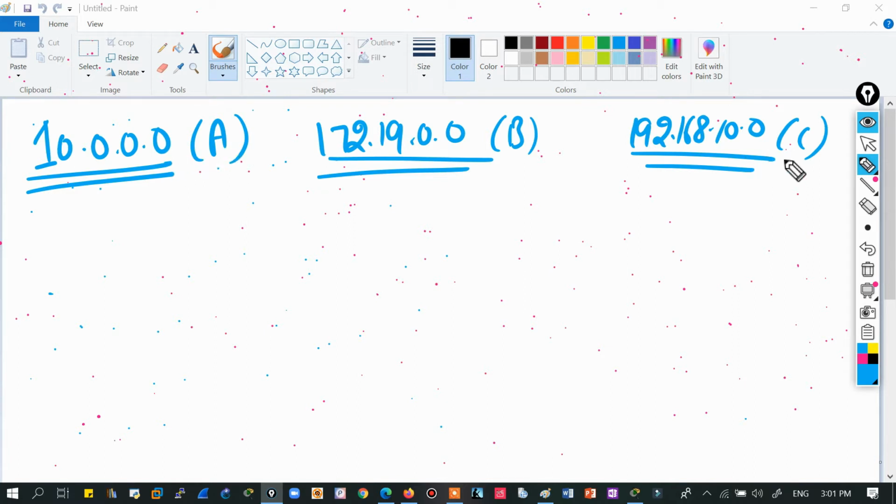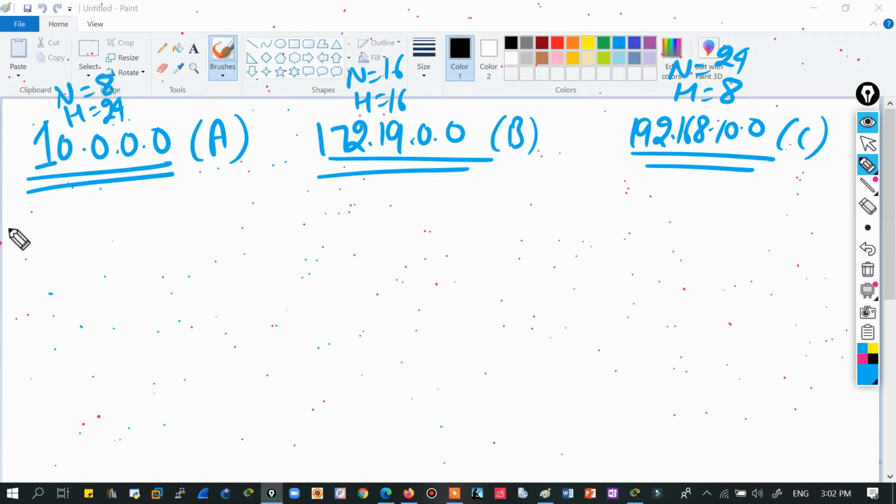As class C was from 192 to 223, and this first octet is 192, it means this is class C. Fine. In class A we have 8 network bits and 24 host bits. In class B we have 16 network bits and 16 host bits. In class C, 24 network bits and 8 host bits, right?